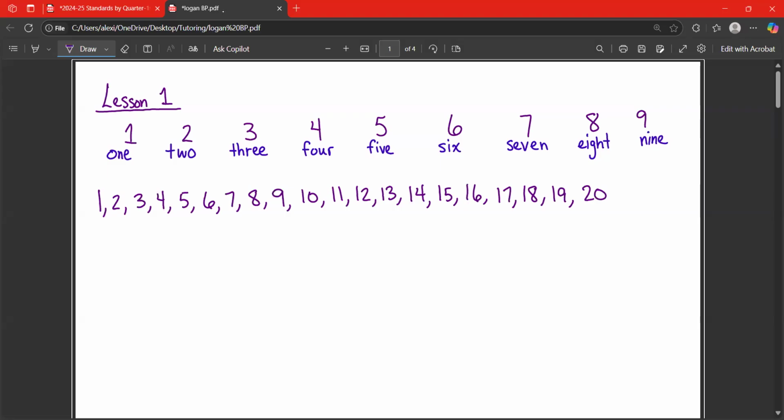So that's counting all the way up to 20. So now let's see here. This is counting by ones. So 1, 2, 3, 4, that's counting by ones.